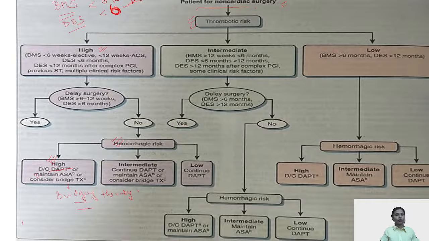The patient is on dual antiplatelet drugs which are stopped around 3 to 5 days prior to a major surgery, and the patient is shifted on heparin, especially low molecular weight or subcutaneous heparin, or IV heparin, which is the unfractionated heparin. And these are then stopped according to the prophylactic or the therapeutic dose which is being given.